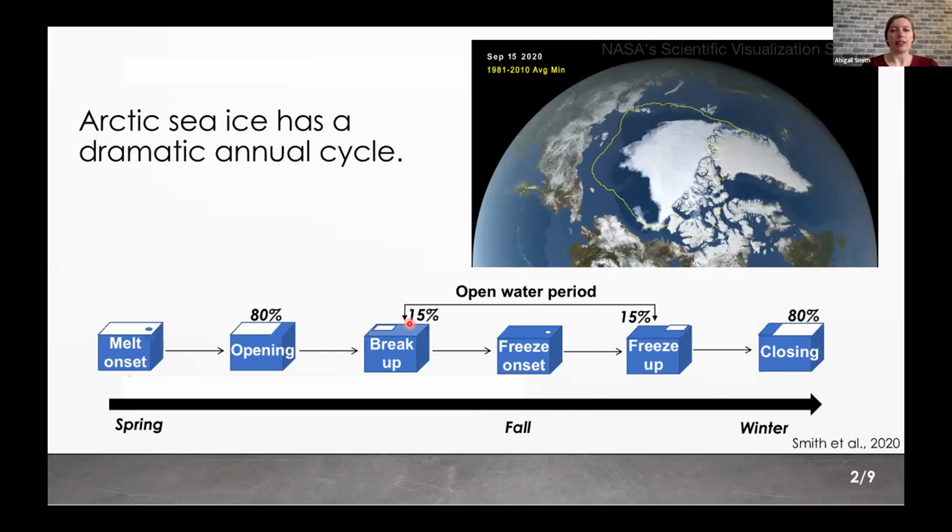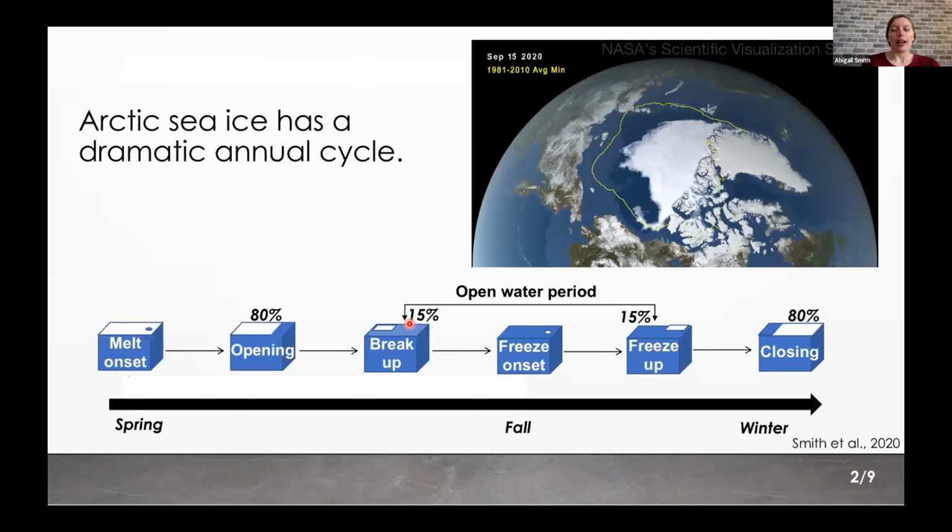We also have a set of fall transition dates, including freeze onset, which in the models we define based on surface temperature, and then freeze up, which we define based on the 15% ice concentration threshold, and closing is that 80% ice concentration threshold.